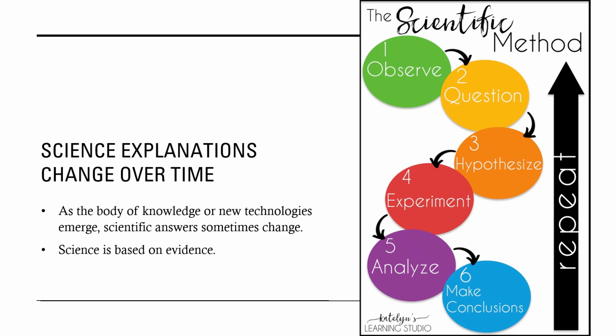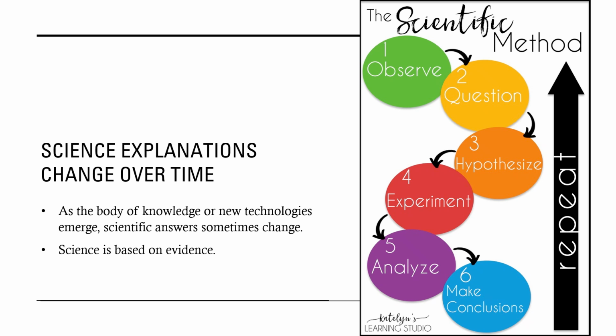So if we do an experiment and our answer comes out yes, it may be that further in time, our body of knowledge or our new technologies allow us to come back to the same question with a different approach. And then our answer may be, oh, actually, no. And so it may be that our experimental mechanisms previously were incorrect, or there were assumptions when we made that experiment that were incorrect as well.